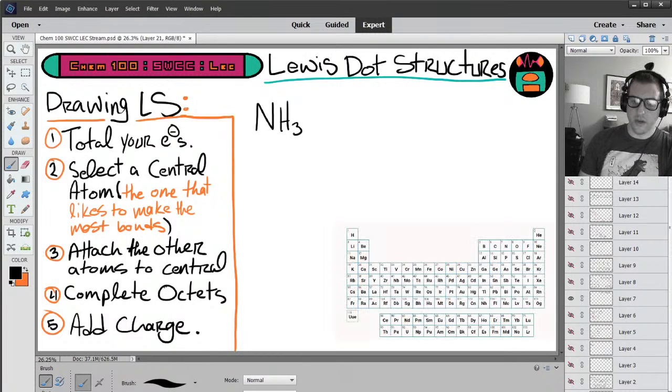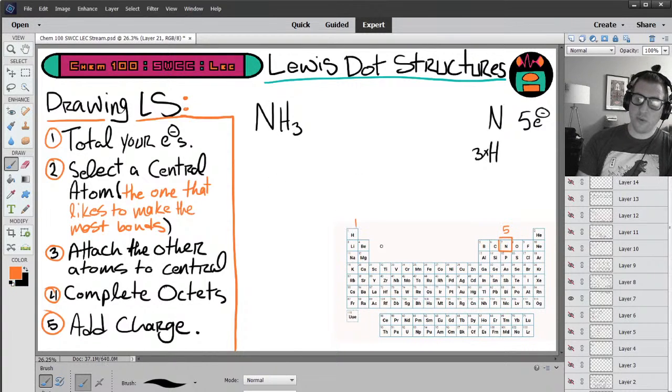All right, calling on our periodic table, we can identify nitrogen as being in the 5th column of the main group. So nitrogen is going to bring in and add 5 electrons to our budget. Hydrogen has 1 electron because it's in the 1st column.